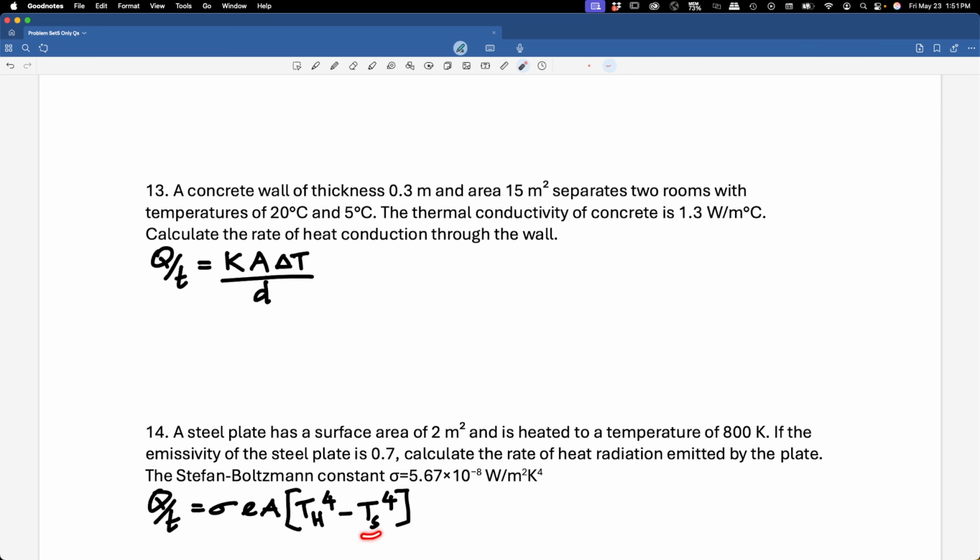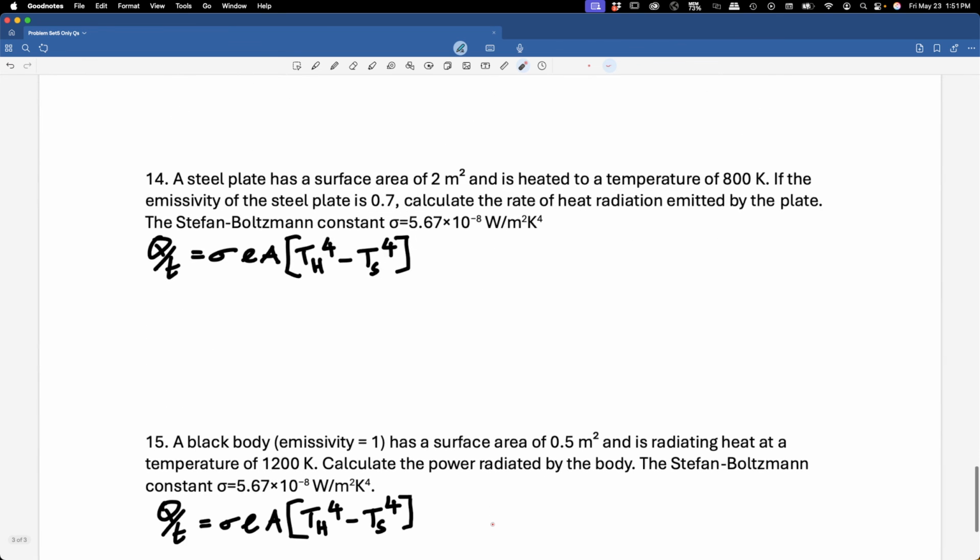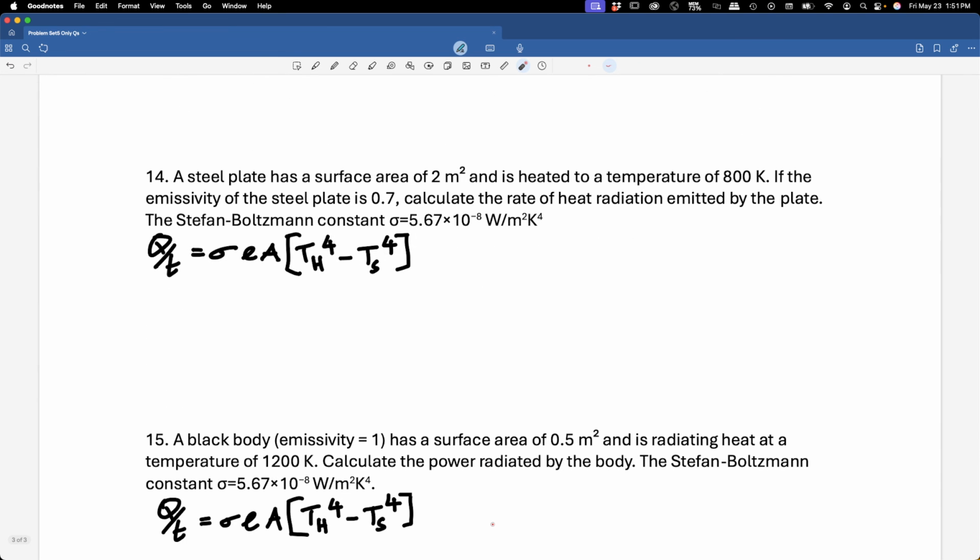Do not forget that since there's no mention of the surrounding, this is 0. Now 15 is a similar question, except the wording. Here it says calculate the rate of heat. Here it says calculate the power. Both are the same, because energy by time is power. Heat by time. Heat is a form of energy. So that's the only difference. Everything else is the same.